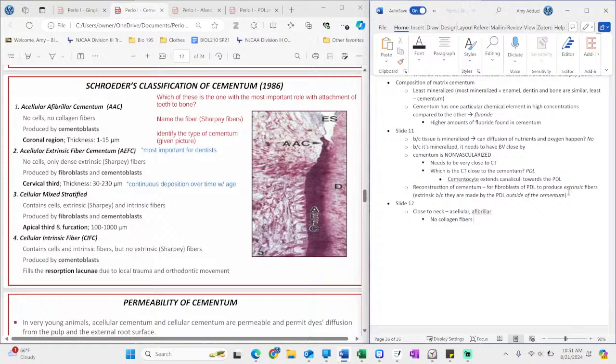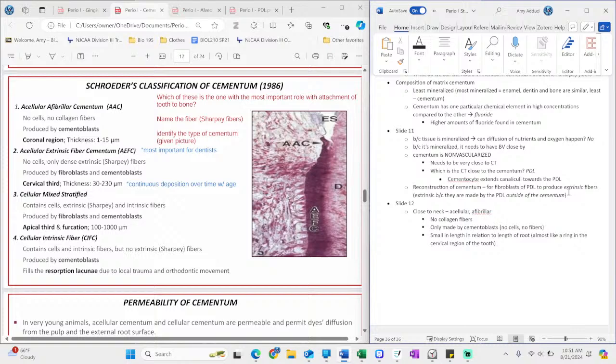It's only made by cementoblasts, but there are no fibers and no cells. Very, very small in length, considering the whole length of the root. It's like a ring in the cervical region of the tooth, and it's very thin, between 1 and 15 microns, practically the size of a medium-sized epithelial cell.